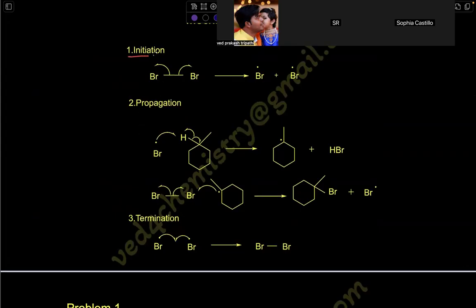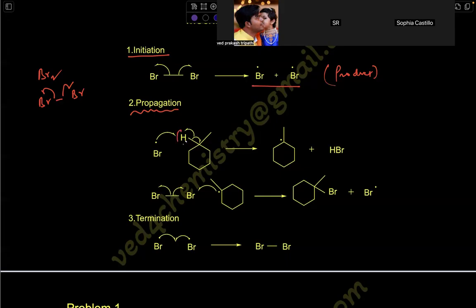In the initiation step, this is my Br2, and we can represent Br in this way. It would break like this homolytically, so you have 2 Br radicals. So in the initiation step, the product has a radical, only product. Next, the propagation step. Propagation step means, look at the wording.